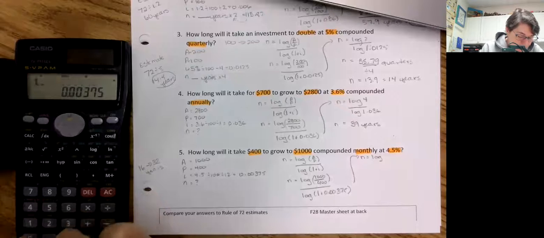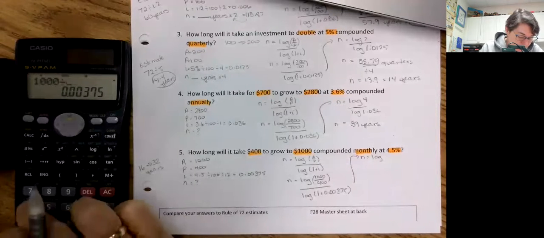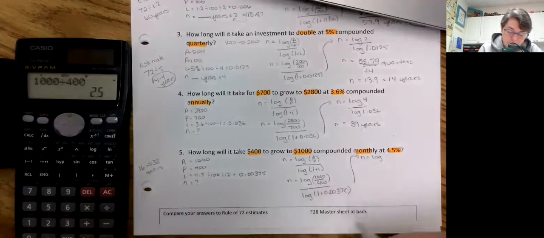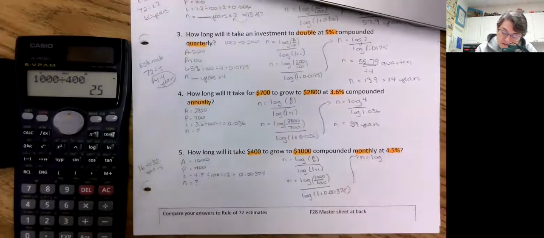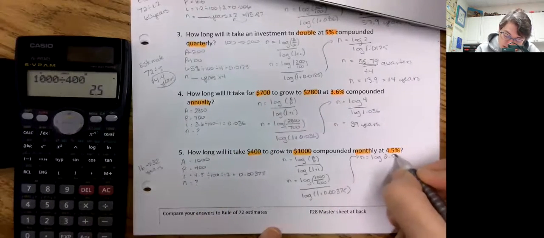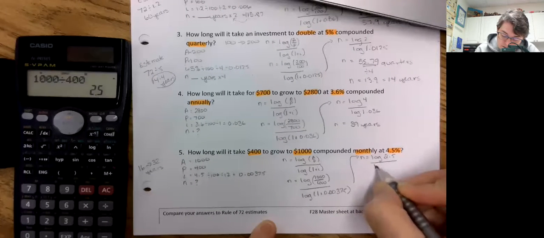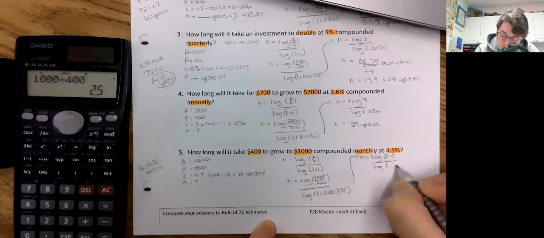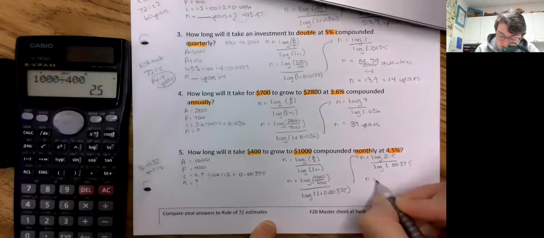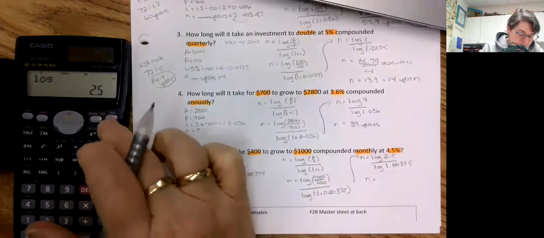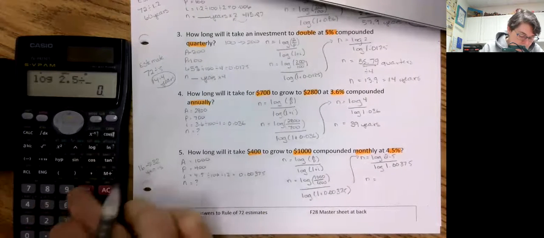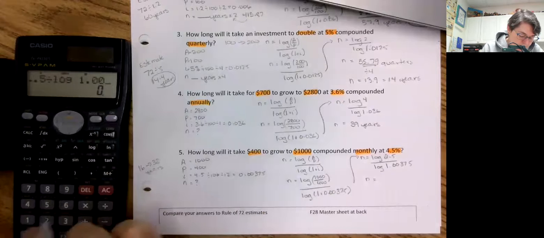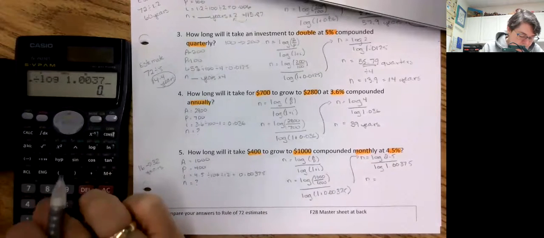Okay, 1,000 divided by 400, well, 2.5. So 2.5 divided by log 1.00375.